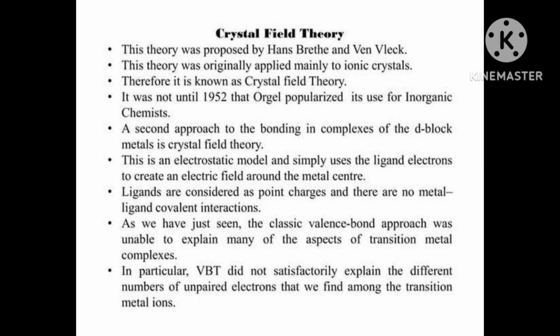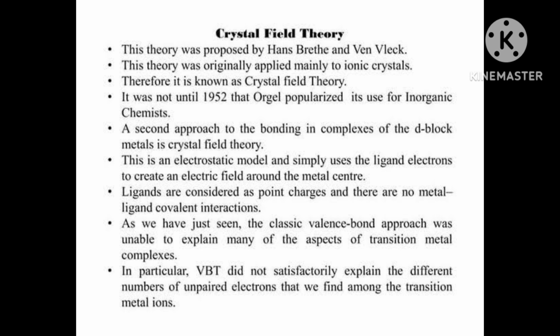Both the d orbitals and the ligands are coming in front. At that time more repulsion will be there. Hence, to diffuse this repulsion, there will be splitting in the d orbitals.